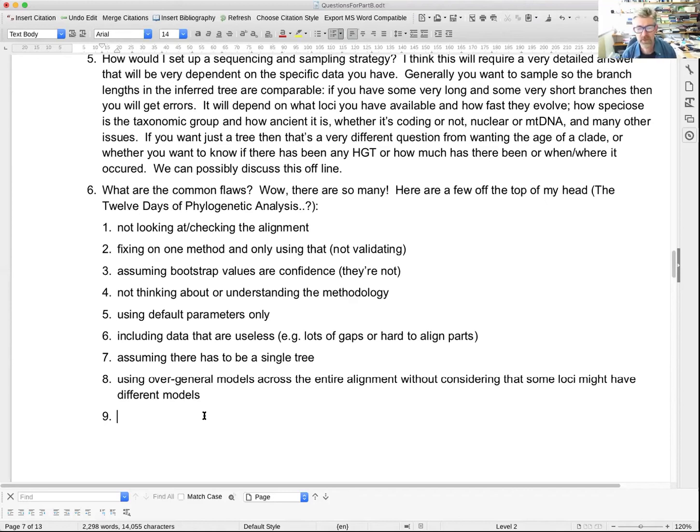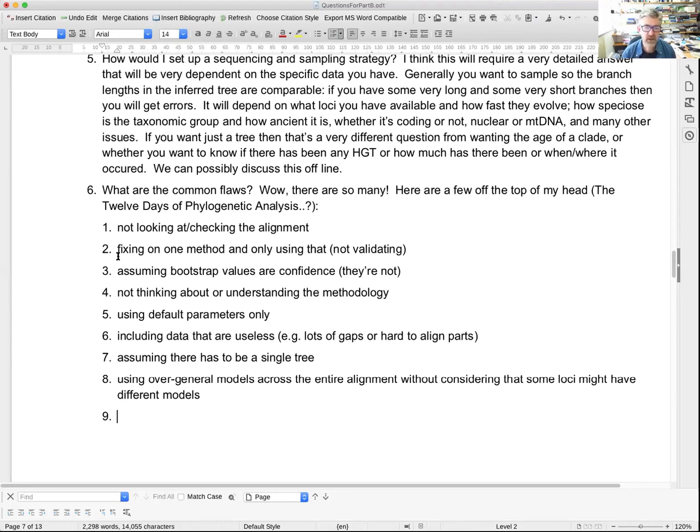You don't have a reference, and you make contigs, and you put them through an alignment program without looking at them, and you put those alignments through some trimming, and then you put the trimmed alignments into a phylogenetic analysis, and you look at the end and you go, great, there's my tree. Not looking back at the alignment is always worrying. So please always do that.